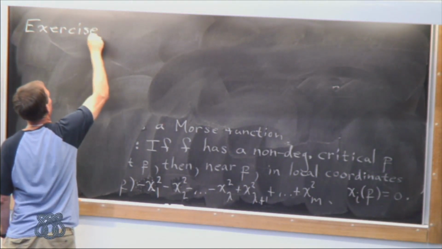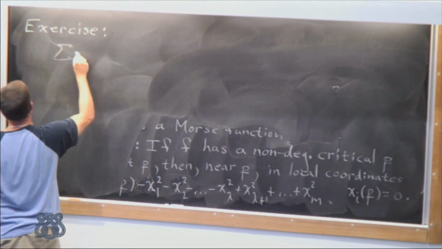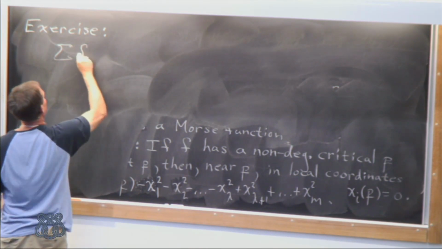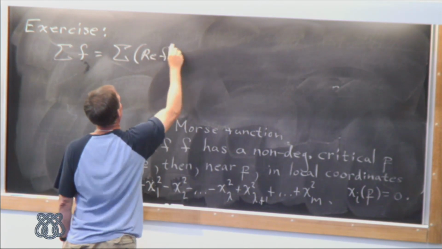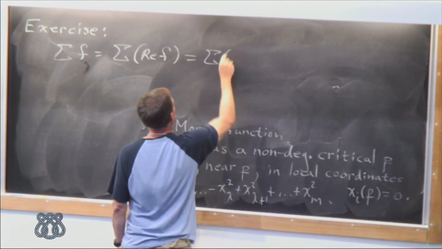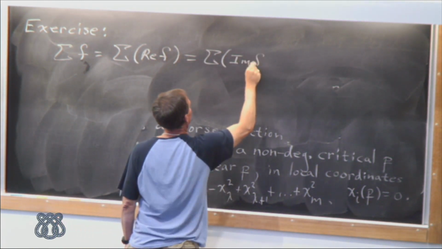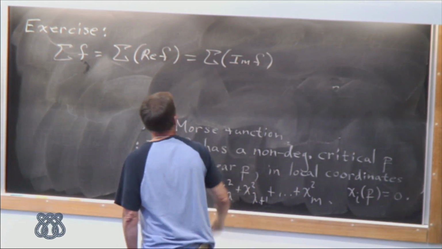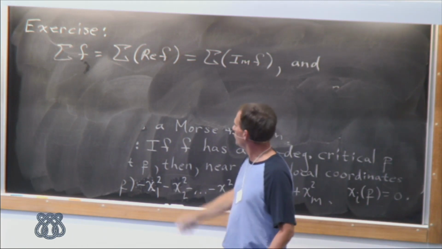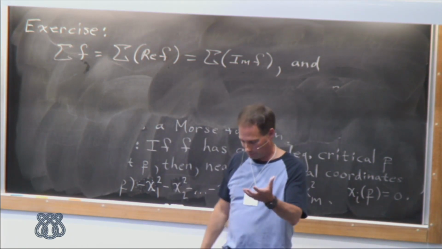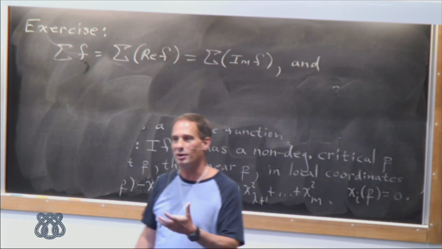Exercise: the critical locus of F is the critical locus of the real part of F, is the critical locus of the imaginary part of F. So you can look at these functions into R and look at where they have critical points.